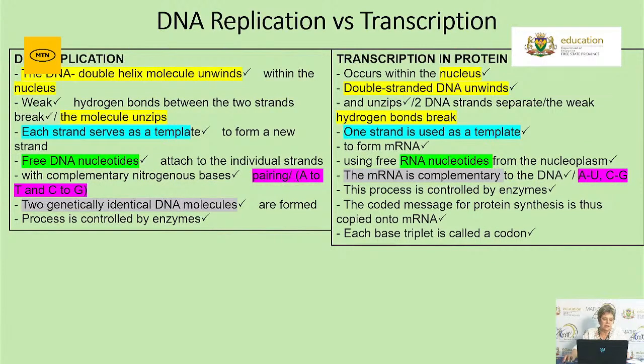In DNA replication, DNA nucleotides are used to form a DNA replica, and in transcription, we use RNA nucleotides. In DNA replication, the product is 2 genetically identical DNA molecules, and in transcription, the product is an mRNA complementary to the DNA.